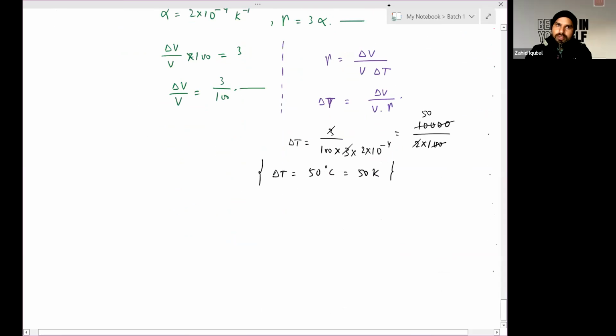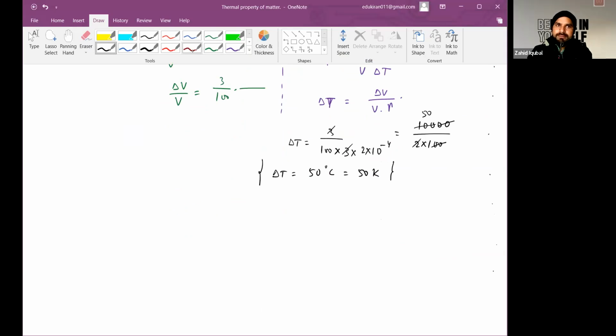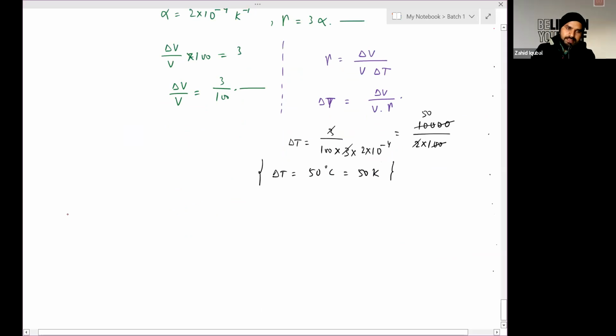Now, related to this volume, you will be asked to calculate the effect on density. So next is density. As density equals mass divided by volume, let's say initially at low temperature, when volume is V0, the density of the object will be rho naught.